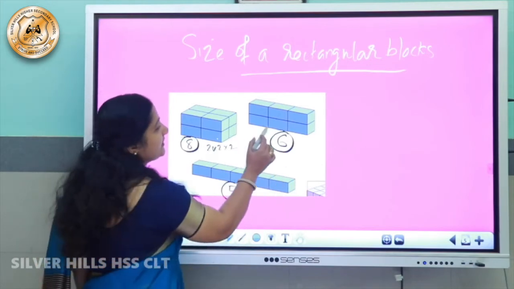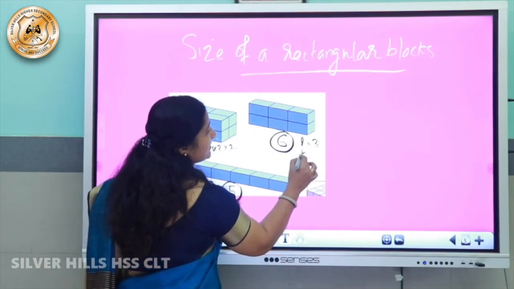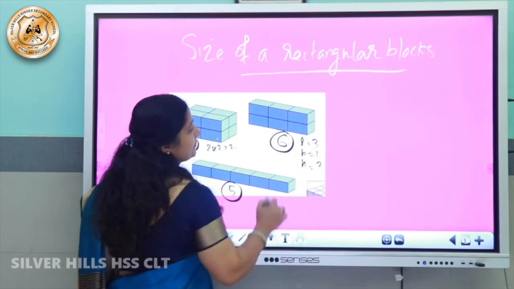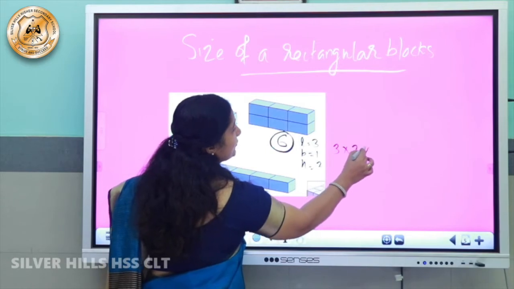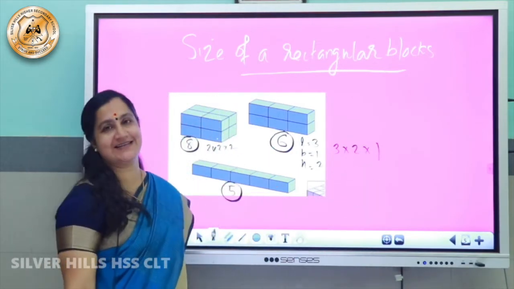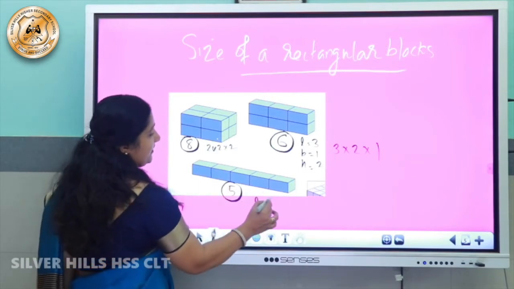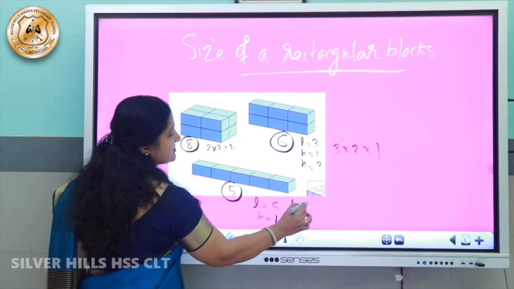Now, what about here? Lengthwise 3, breadthwise 1, heightwise 2. So, 3 into 2 into 1. 3 2s are 6, 6 into 1 is 6. Now, look at here. Lengthwise 5, breadthwise 1, heightwise 1.